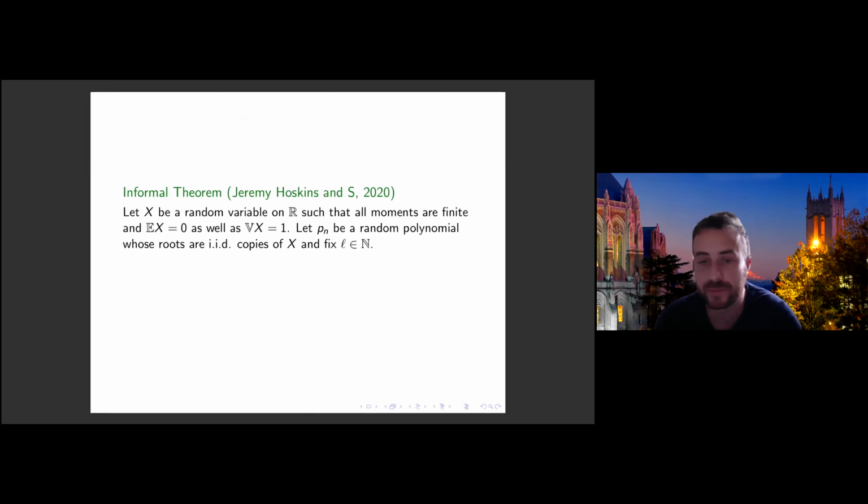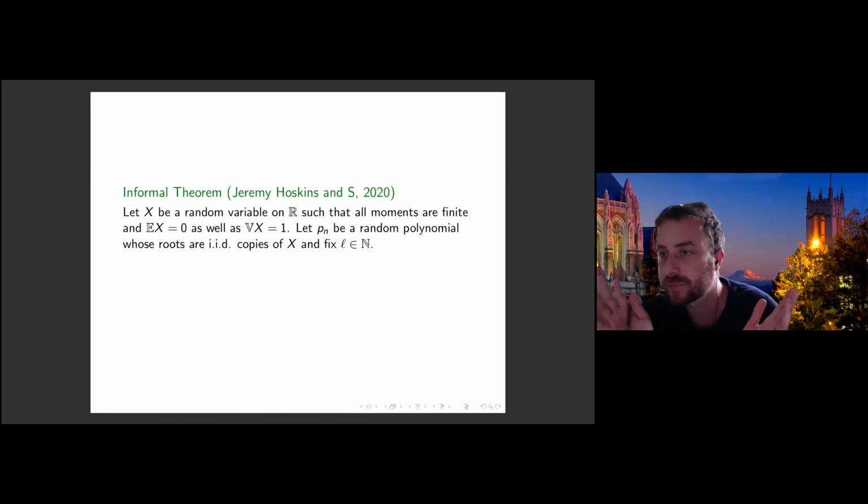Pick a random polynomial, where the randomness is generated by picking n roots, IID, from this measure. Fix an integer L, and then differentiate a lot of times, by which I mean n minus L times. So fix L to be 20.